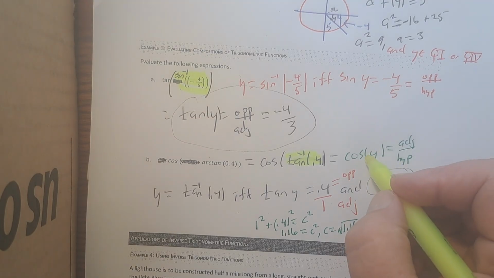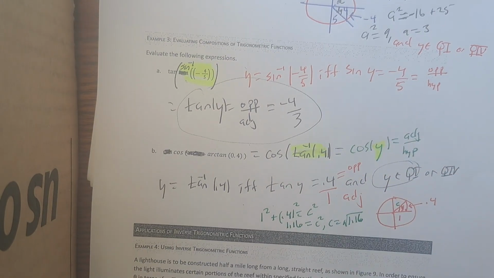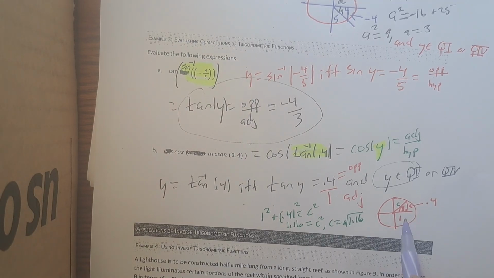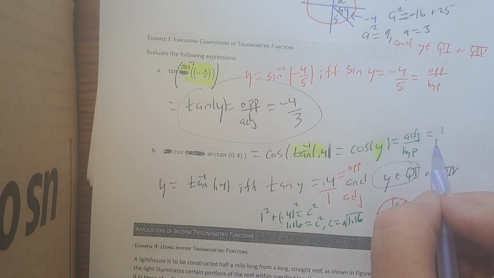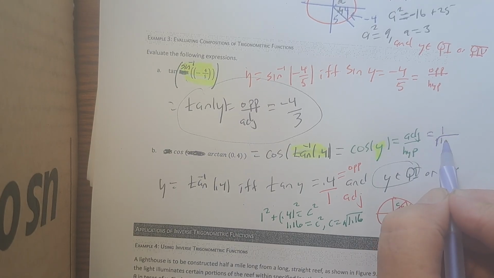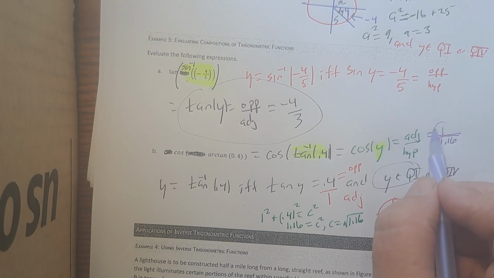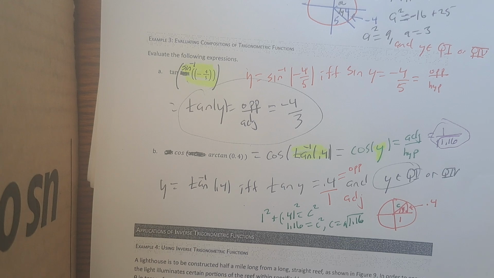All right, so we go to our picture and we say the adjacent side is 1, and the hypotenuse is the square root of 1.16.